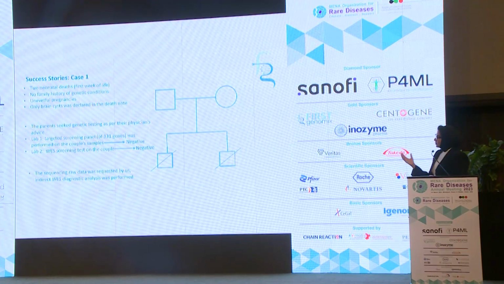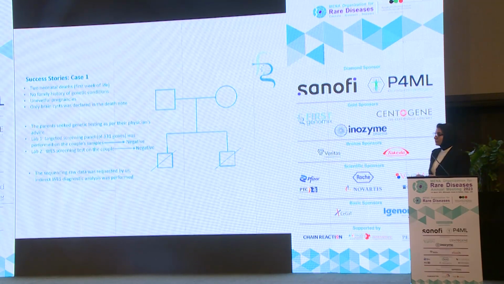So the patient consulted her physician and he advised her, of course, to do genetic testing. And here are the two examples we were talking about. In the first lab, the samples from the wife and the husband were sent for a screening panel of 331 genes. And of course, the result was negative.